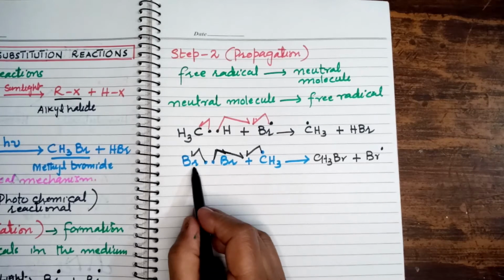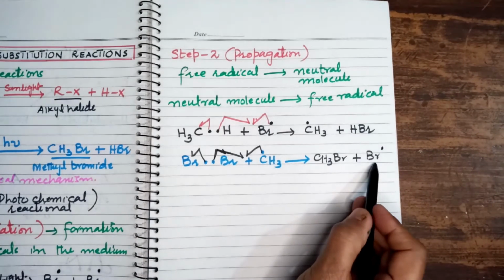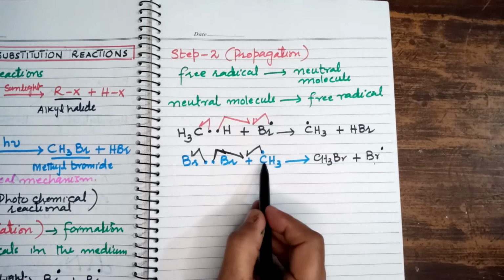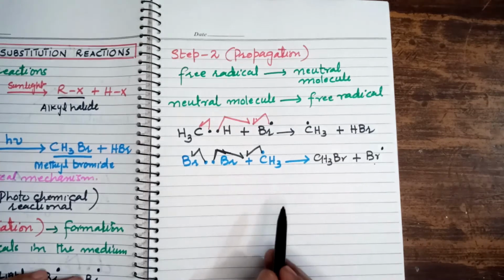In this way, a neutral molecule converted to a free radical, right? And a free radical converted to a neutral molecule. Now coming to the next step.